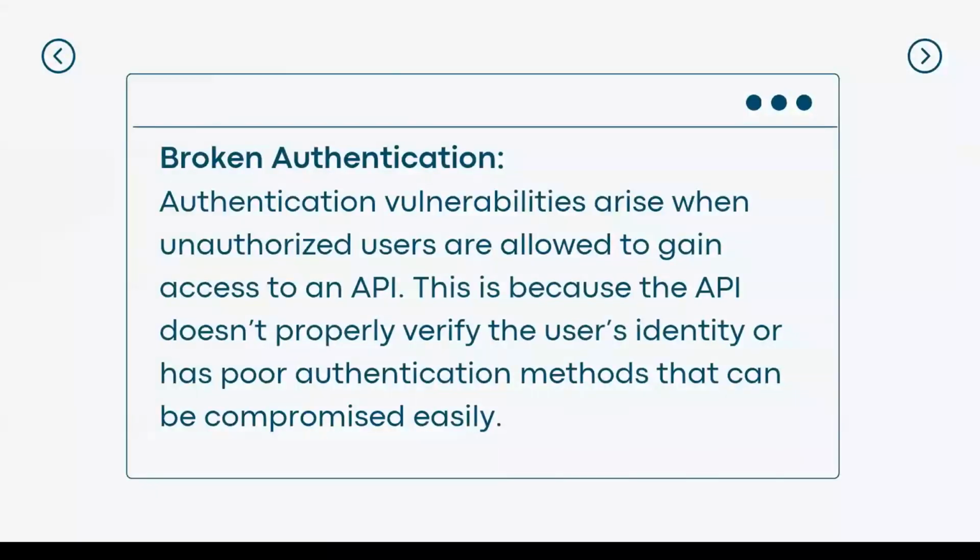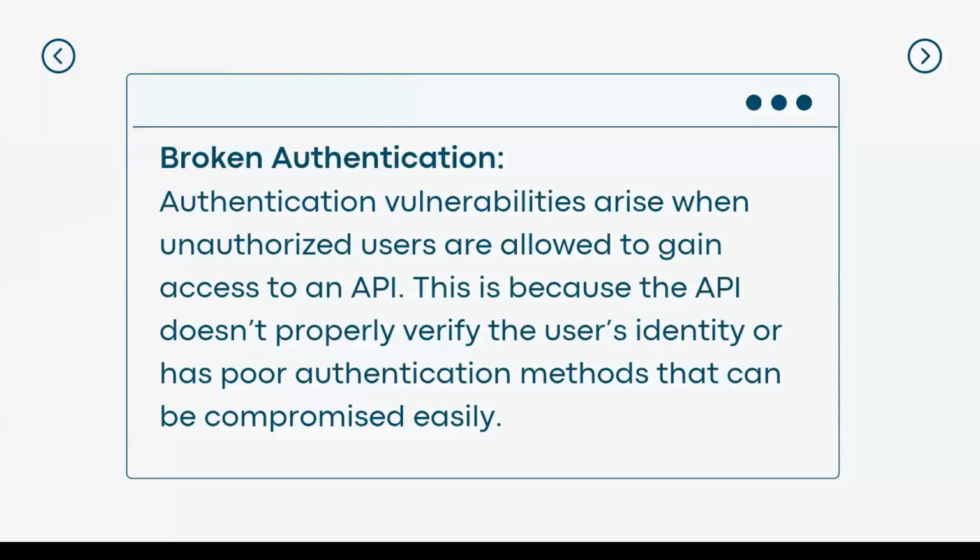Another API security risk is broken authentication. Broken authentication vulnerabilities arise when unauthorized users are allowed to gain access to an API. This is because the API doesn't properly verify the user identity or has poor authentication methods that can be easily compromised.